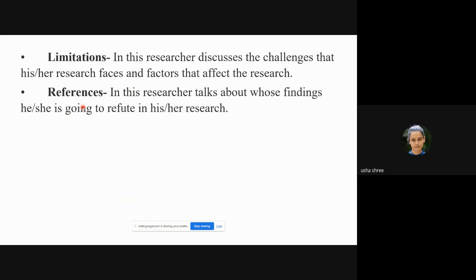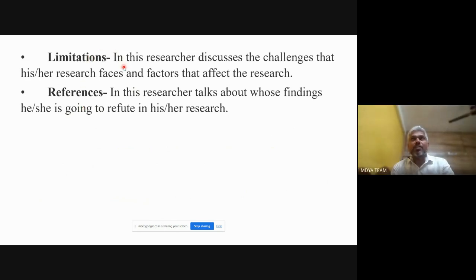Limitations, you have to give a little more detail, sir. Limitations basically means, see, like I would like to conduct my research on 5,000 people, but if I'm not able to get 5,000 people for a particular disease, and I have only 200 people for that disease, this will be your limitation. There are many such things.